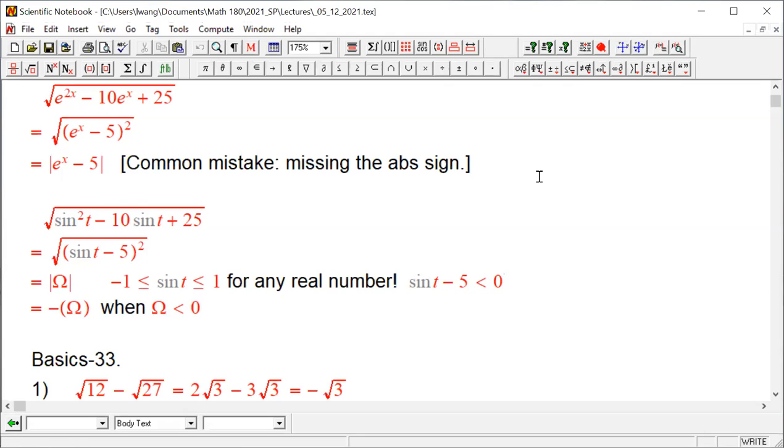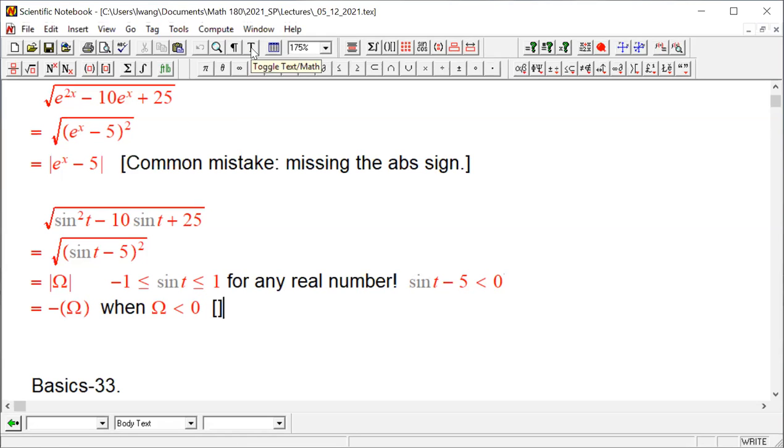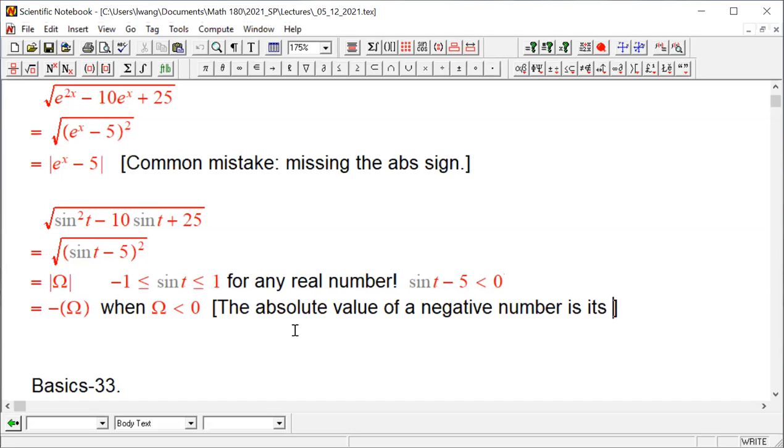This is the capacity you're going to see yourself in. Are you guys with me? So you have to fully understand: the absolute value of a negative number is its negative, its opposite.